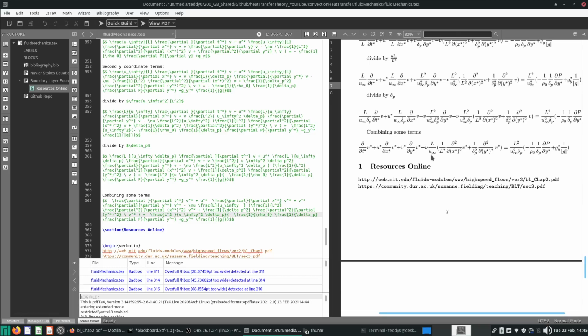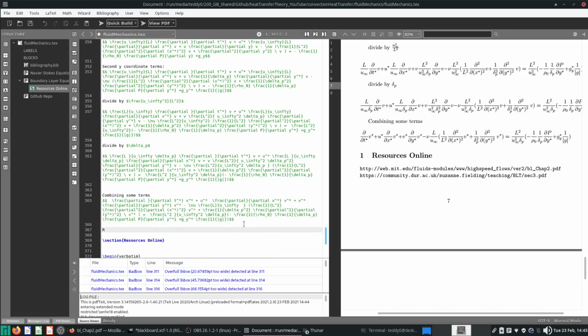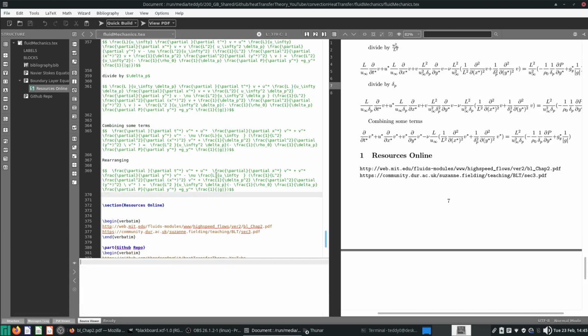Okay, here we almost have a Reynolds number kind of looking term, so we'll need to factorize out L squared again. So let's factorize out L squared, and we'll get this.